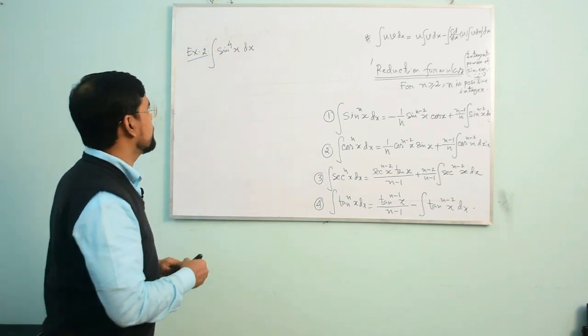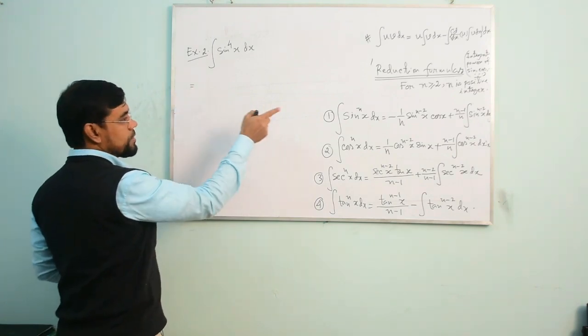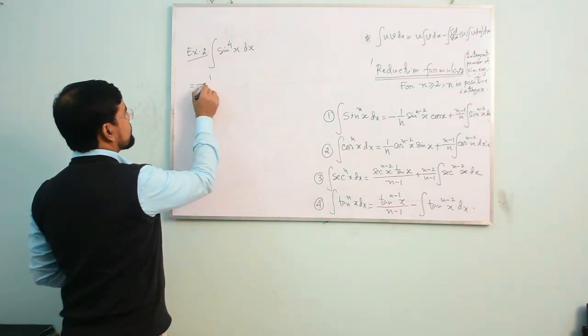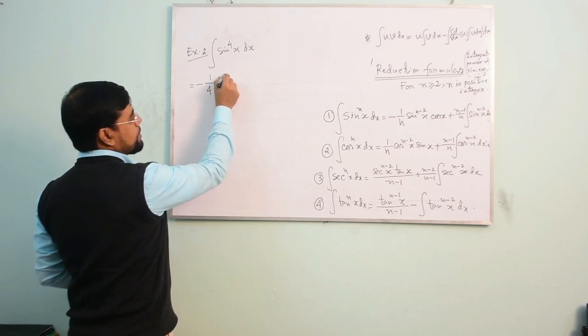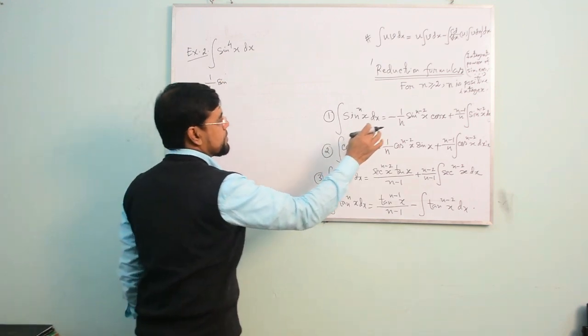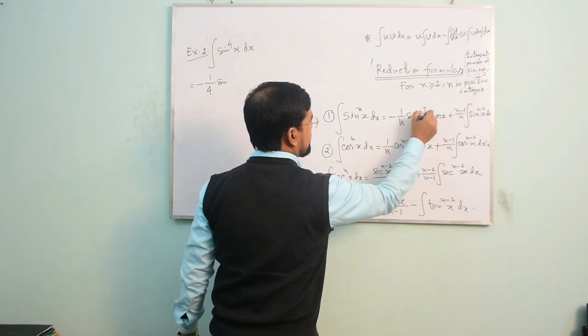When n equals 4, then by using the reduction formula we can write minus 1 by 4 sine to the power n minus 1.